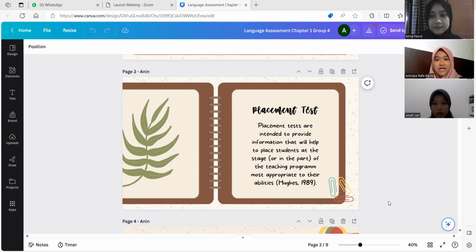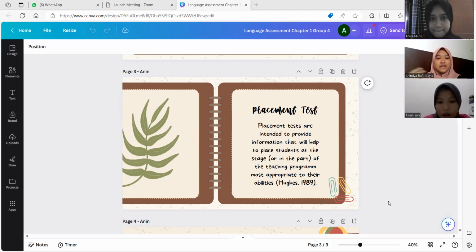From this definition, we can conclude that a placement test is to place students in areas that are suitable with their abilities. So typically, they are used to assign students to classes at different levels.